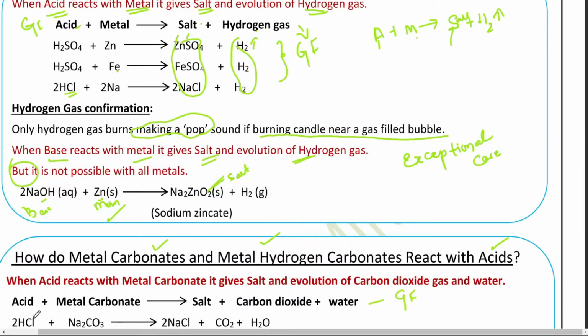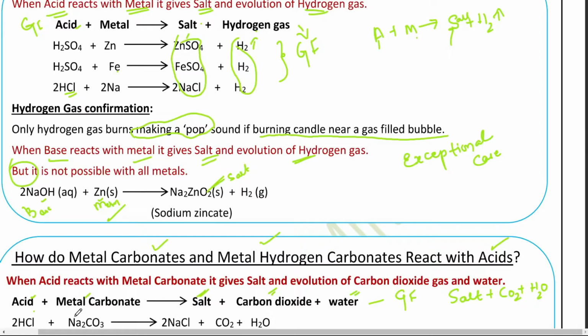Whenever the acid reacts with metal carbonate, it gives you salt, carbon dioxide, and water. So acid plus metal carbonate will give you salt plus CO2 plus H2O. This is what we get as the byproducts.